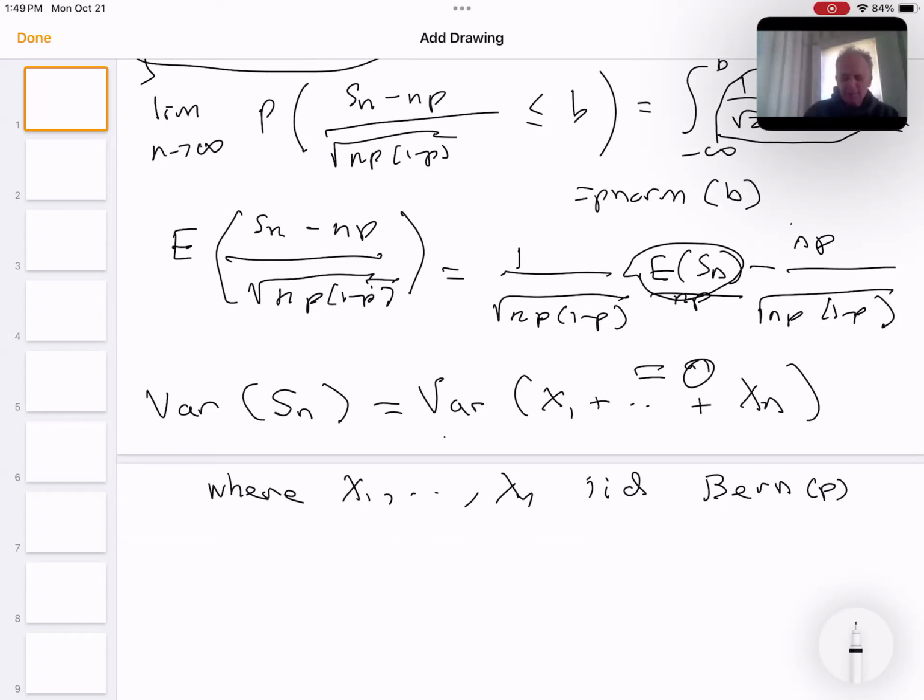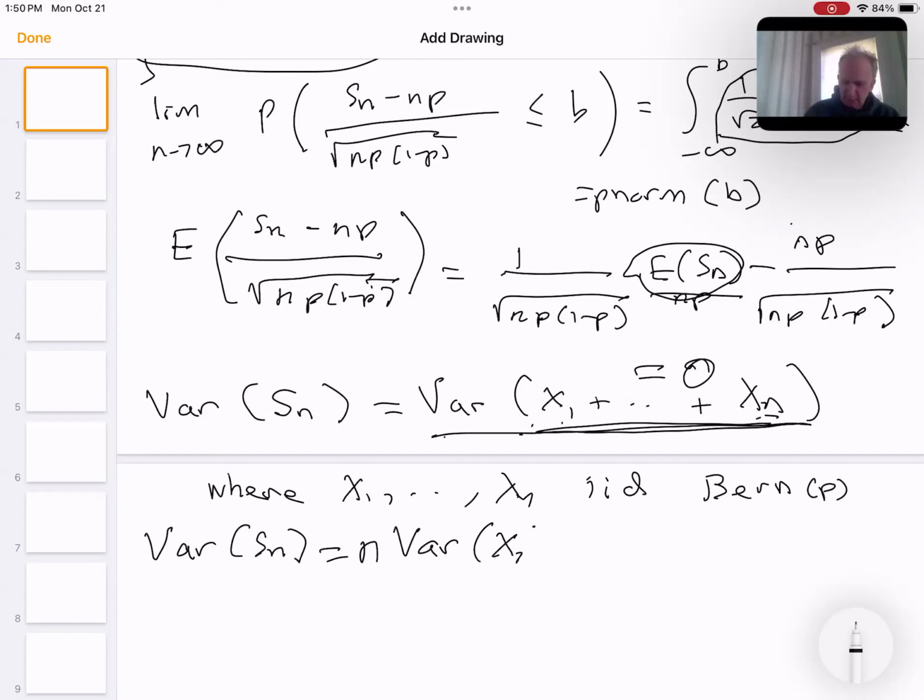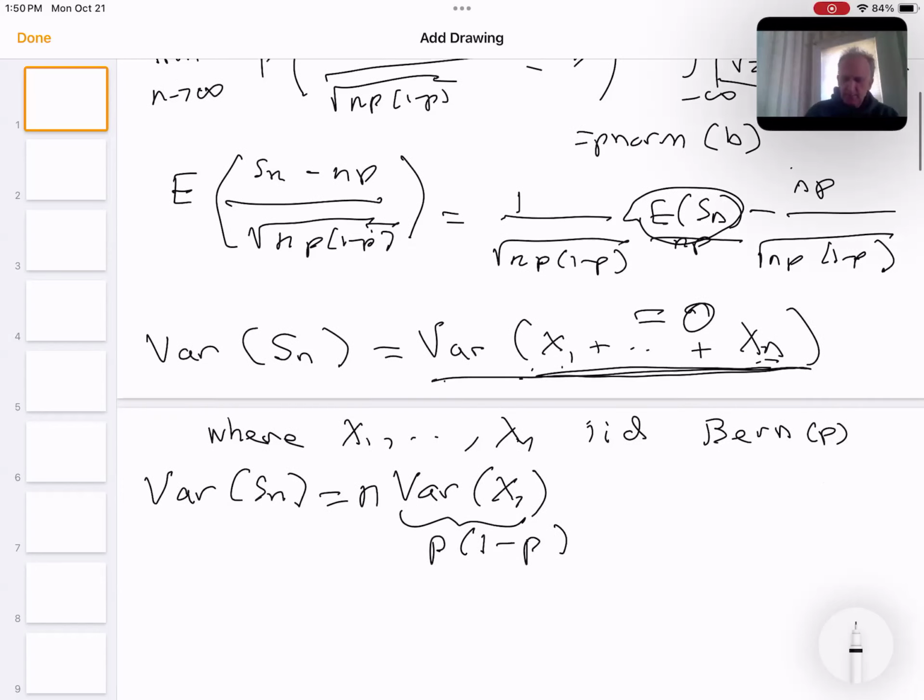But for variances, it is also the sum of variances if the terms in the sum are independent. Since these are independent, I can do that. I can say var Sn is equal to the sum of these, but they're all the same. They're also IID, so it's n times var of x1, or xi. And the variance of the Bernoulli, we did see, is p times 1 minus p. Okay?